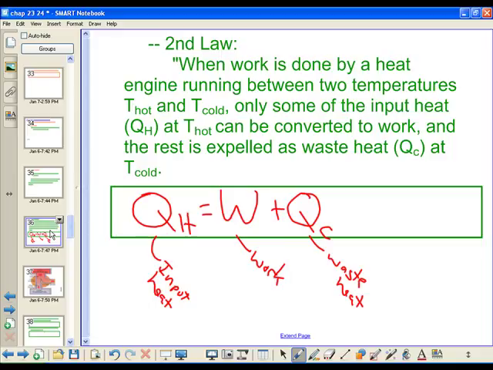Because can you put your hand on top of the exhaust pipe of a car? I won't suggest it, but can you do that? No. You'd burn your hand. Exhaust gases are very, very hot. Well, you could, but it wouldn't be very smart. Anyone need more time on this?